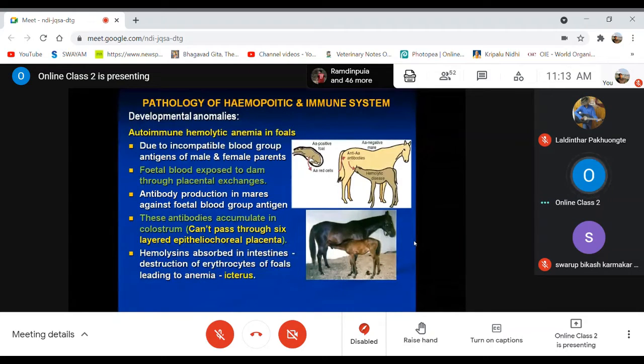the mother, the mare. After exposure to the blood circulation through placental exchanges inside the womb, the fetus gets blood circulation through the mother through placental blood exchanges, right? And the baby, the foal, is carrying one kind of blood group antigen which is different from the mother.